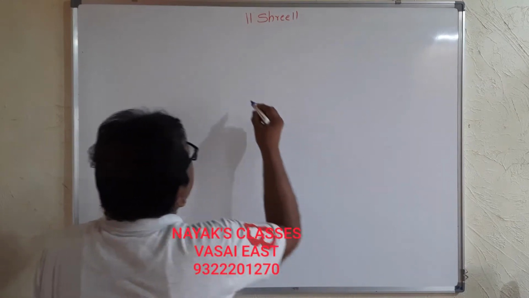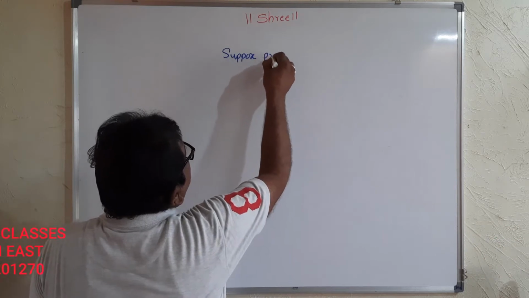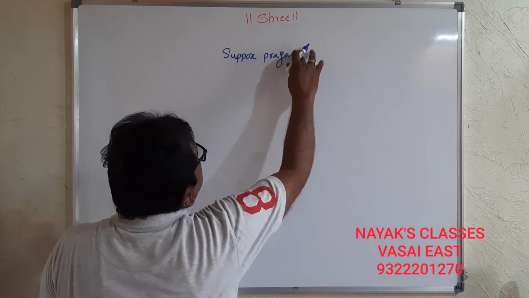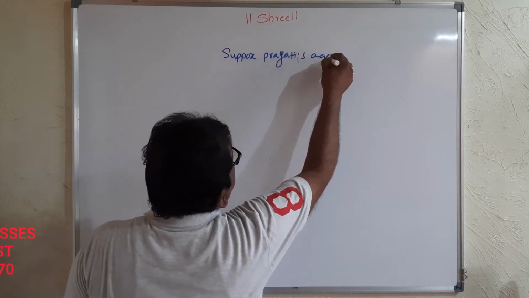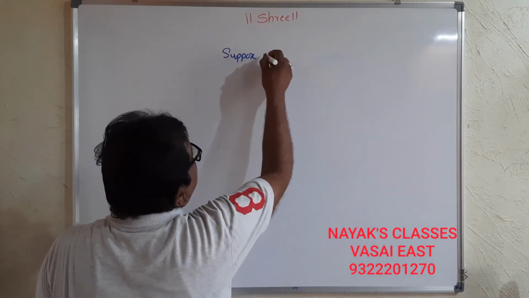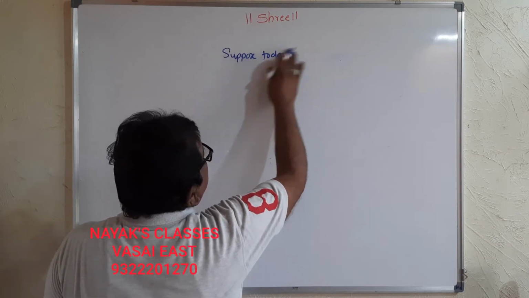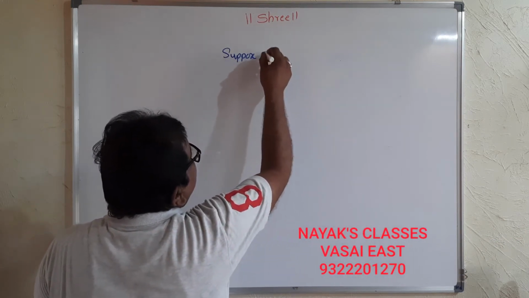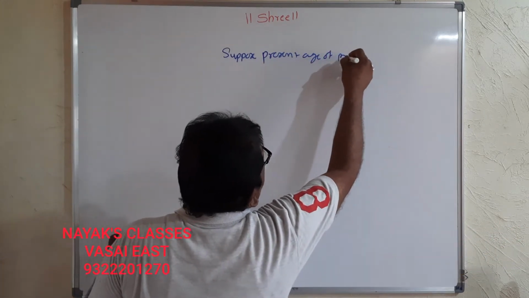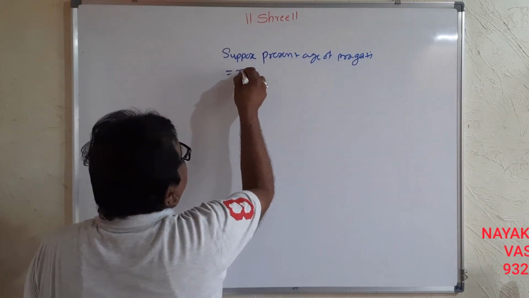Suppose, first is assumption, the present age of Pragati is equal to x years.